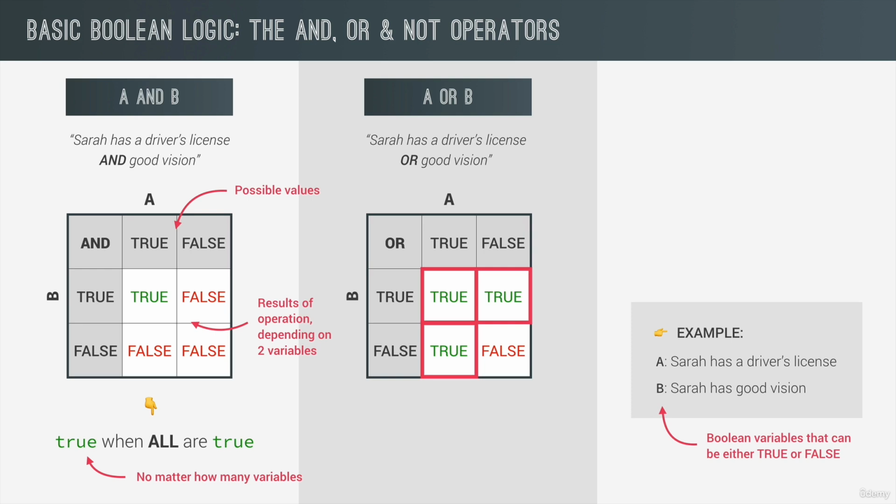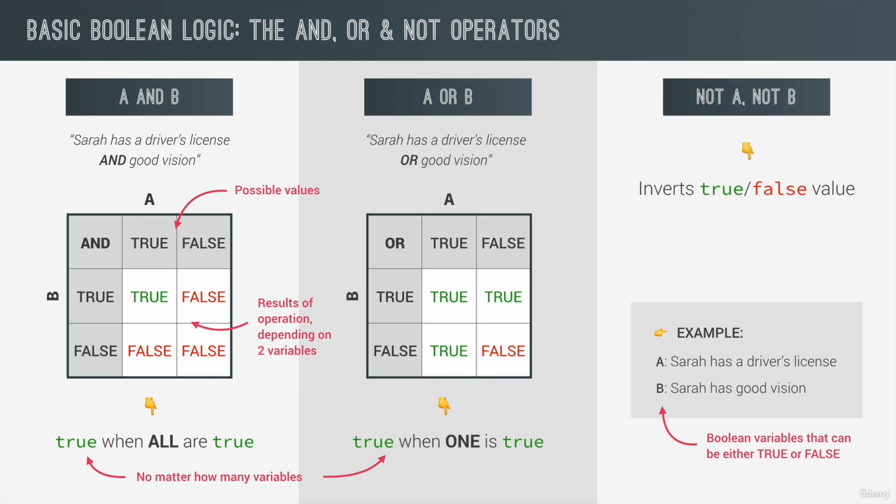And once more, if we have multiple variables, it's enough for one of them to be true to make the whole operation become true as well. Okay, I hope this makes sense. And once again, I can assure you that it will make sense once we start using this in practice. Anyway, we finally also have the NOT operator, which is a lot simpler because it doesn't combine multiple values.